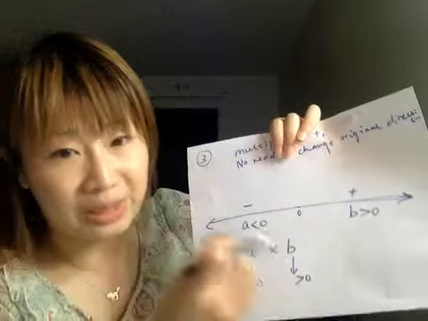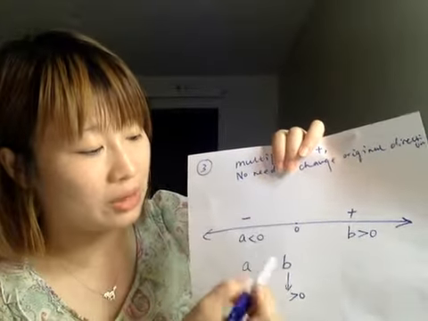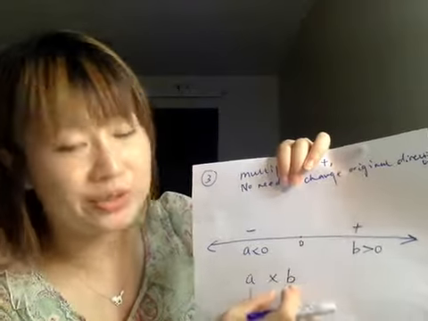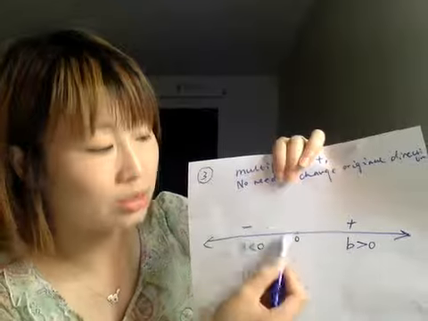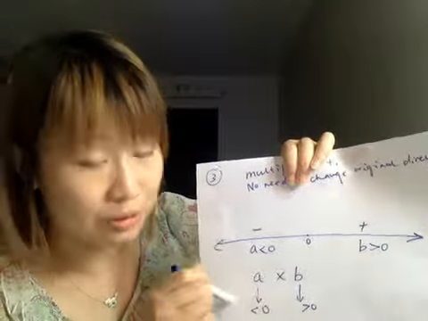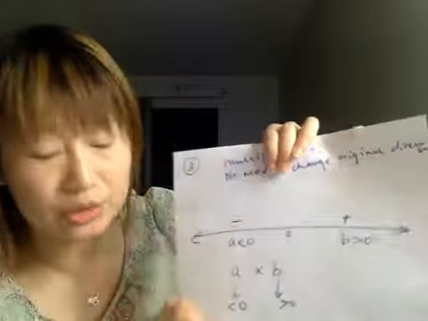It just amplifies the range of the numbers, and because b is a positive number, we don't need to change the original direction. So the result of a times b here always goes in the negative direction.